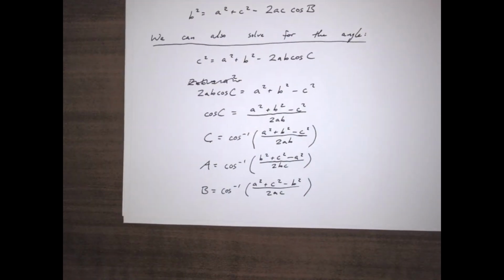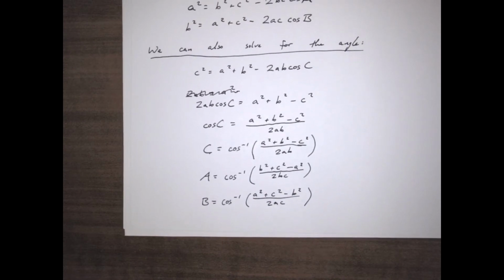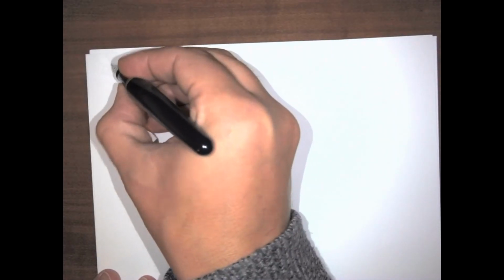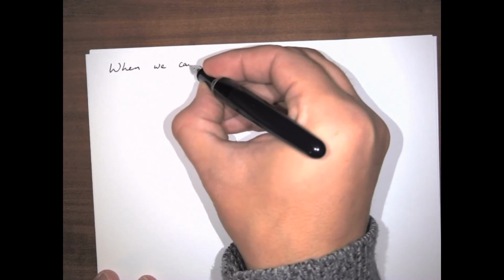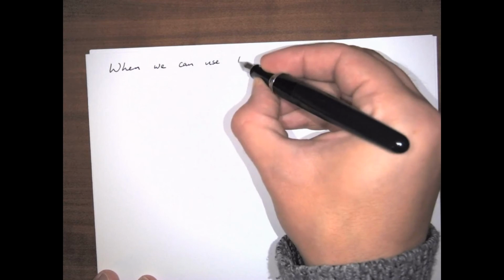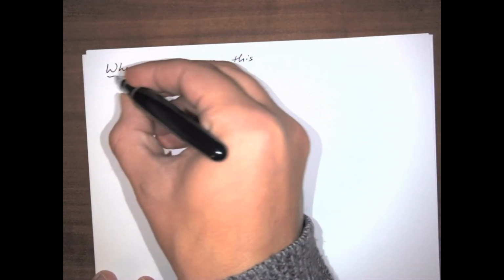So one of the great things about the law of cosines is that it never produces the same ambiguity that the law of sines does. So whenever we can use the law of cosines, it's going to work out nicely. When can we? We can use this anytime we can fill in 3 of the 4 spots in the equation.